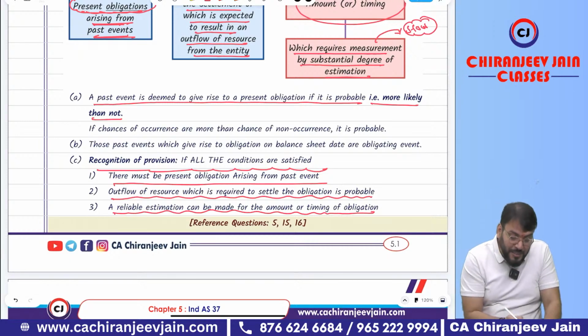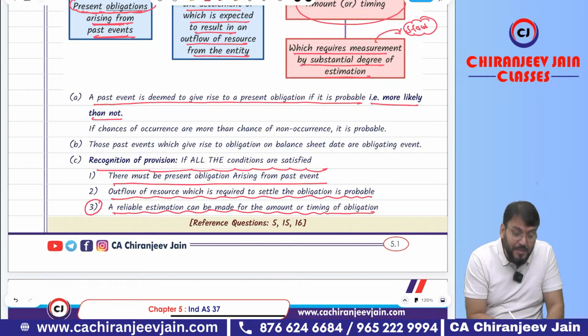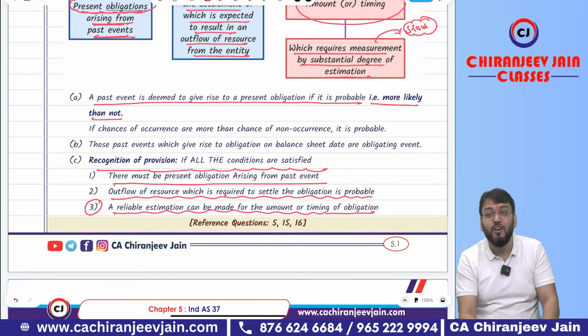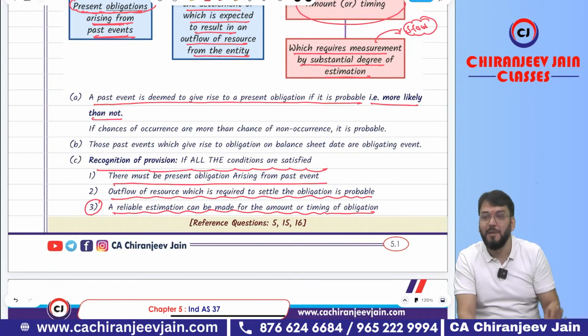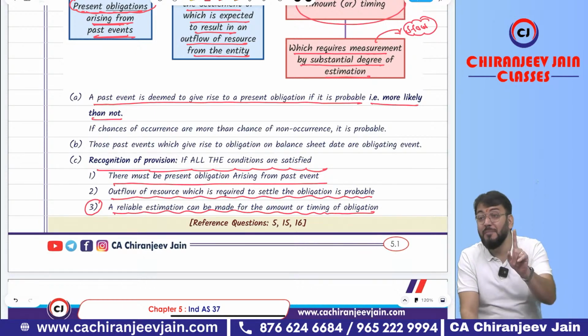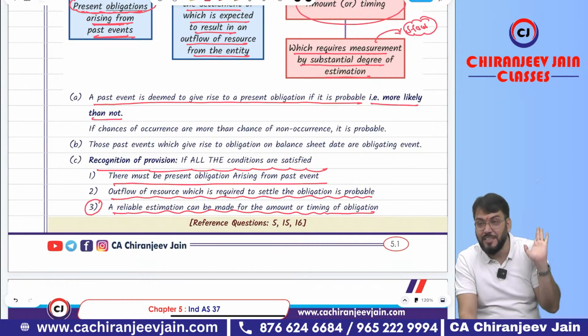Understood? From the examination point of view, if the question is silent on point number 3, always assume estimation can be made. In the exam, if the question is silent about estimation, always assume it can be estimated. You can't say it cannot be estimated and therefore will not recognize provision.